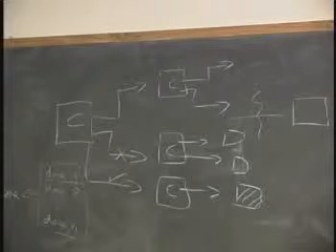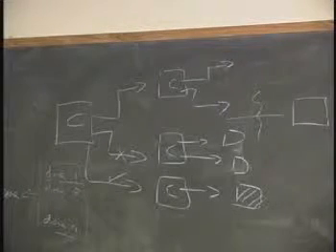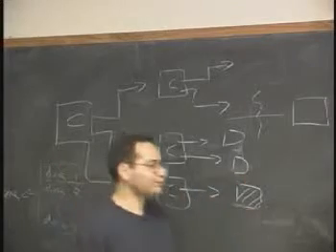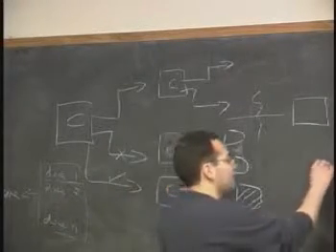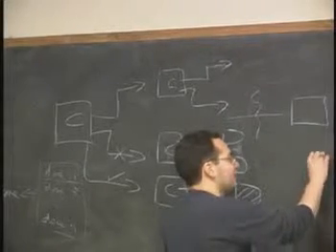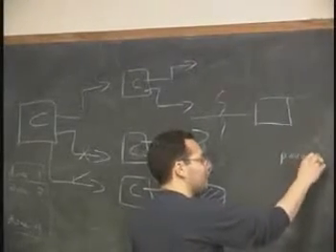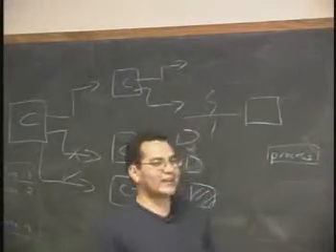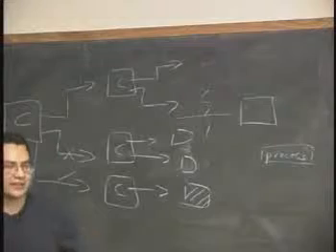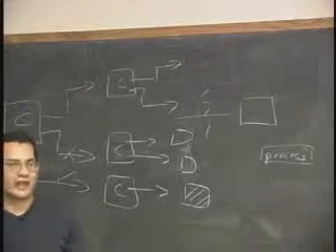Now, if any participant says yes, I can commit, one fail-safe measure that you take is to save the state of that process, or rather, more specifically, the state of the changes that transaction is going to make.